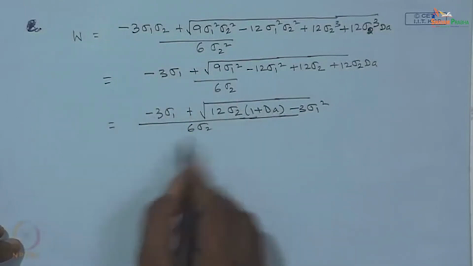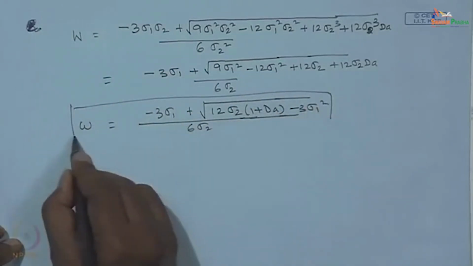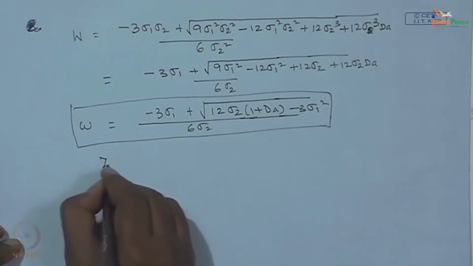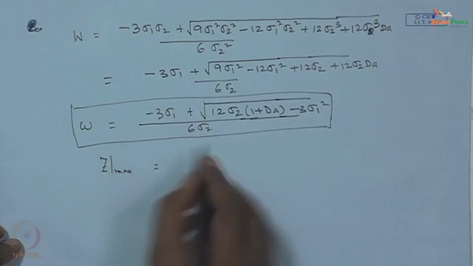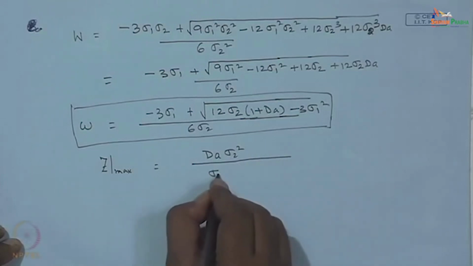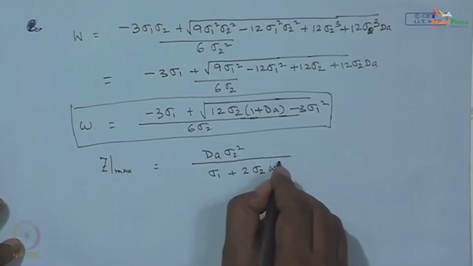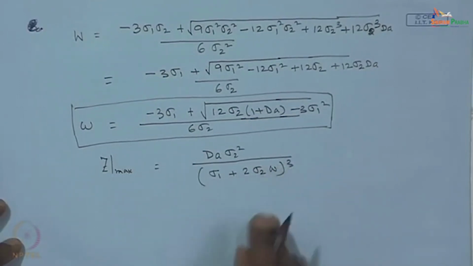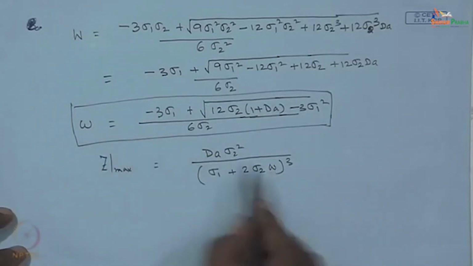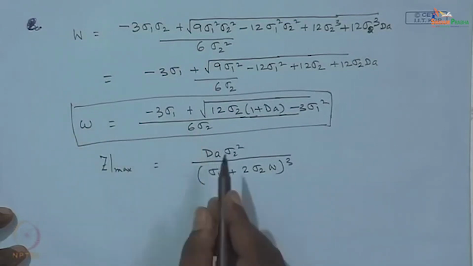So, for this value of W, the Z is maximum, and we can put that in and see what we get. So, Z max, if you remember, is equal to dA sigma 2 square divided by sigma 1 plus 2 sigma 2 W to the power 3. So, we are going to substitute this value of W here.